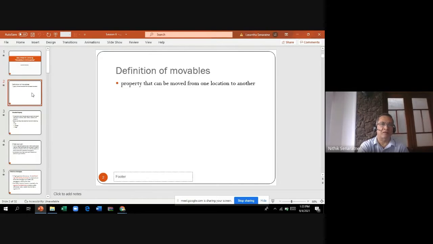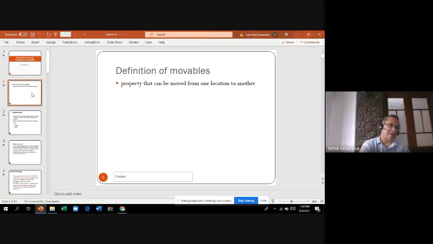Now, when you come to the definition of mobiles, I explained this last session as well. Anything that can be moved from one place to another, and if the item is fixed by nut and bolts, once you remove the nut and bolts, if you can move it from one place to another, we consider that a mobile.